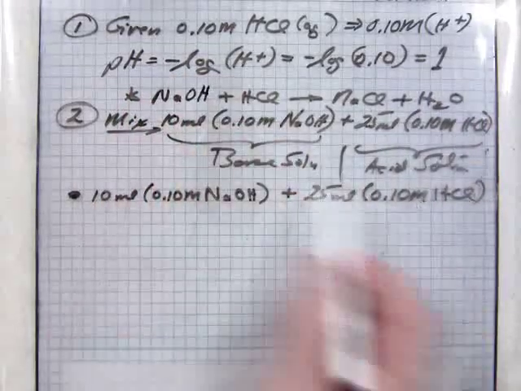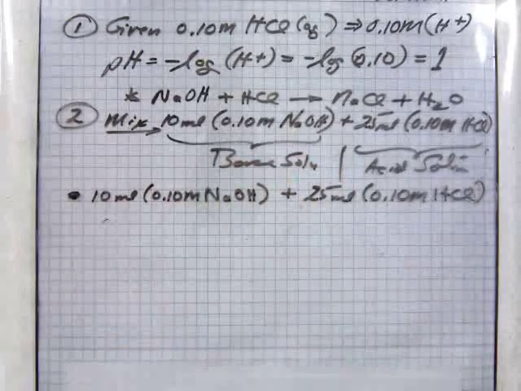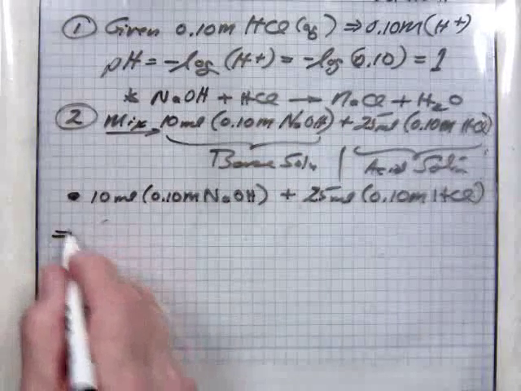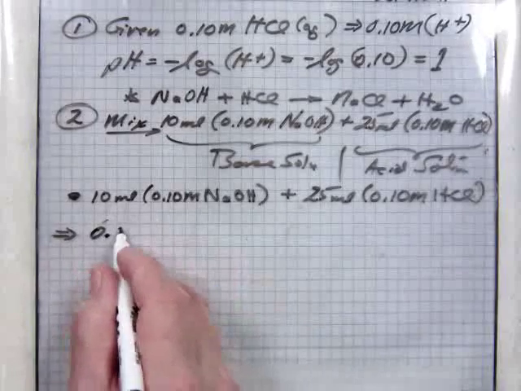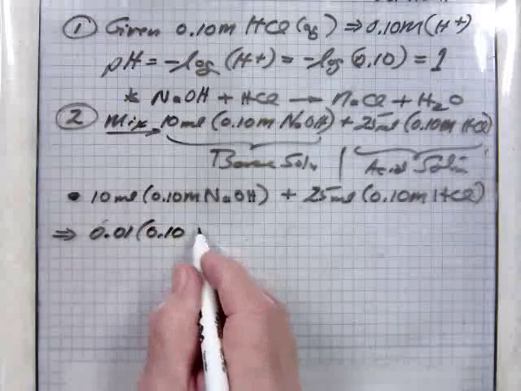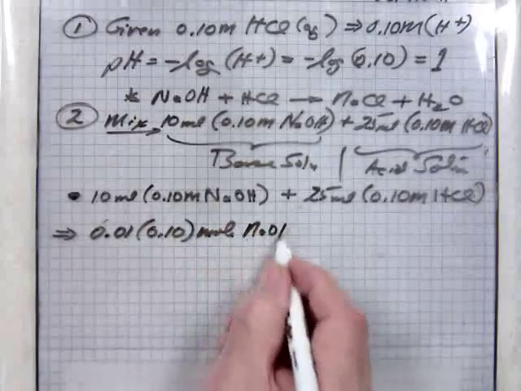So we need to convert to moles. When working stoichiometry problems, we want to work them in terms of moles. So moles is molarity times volume. See what I did?